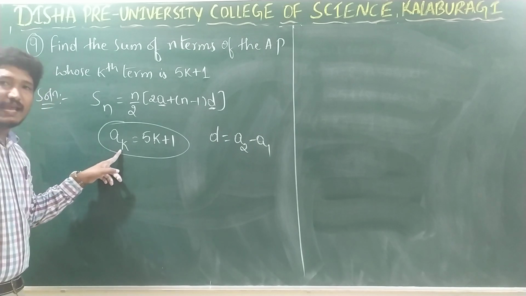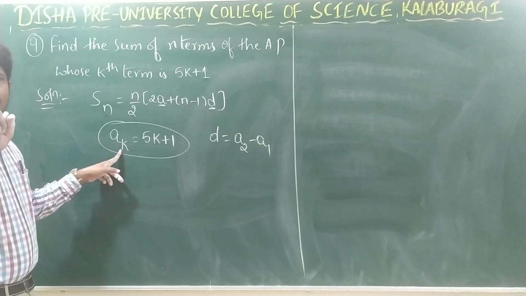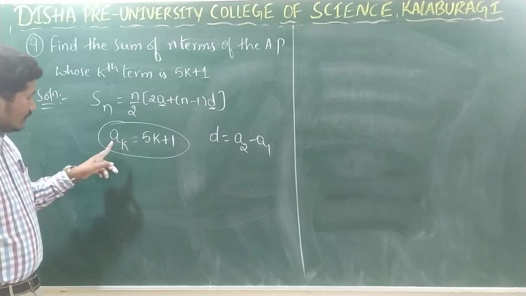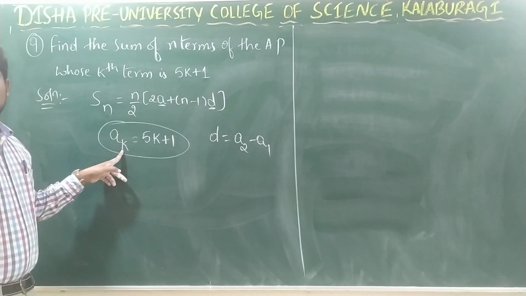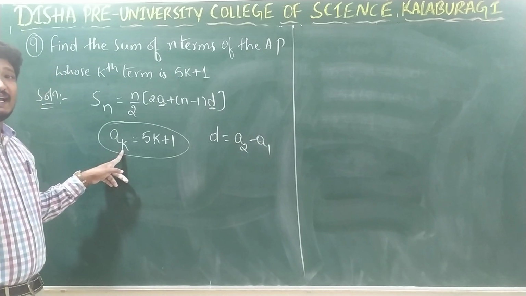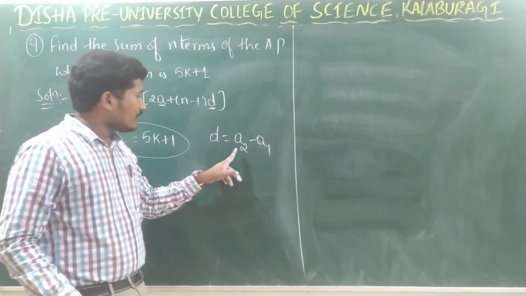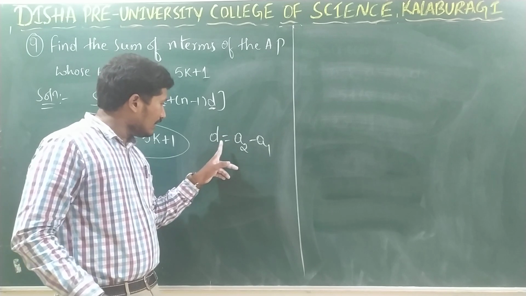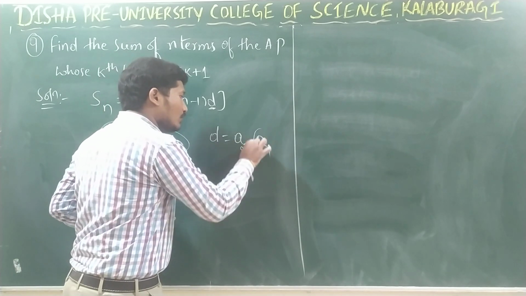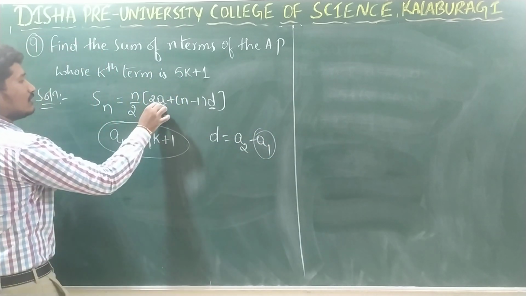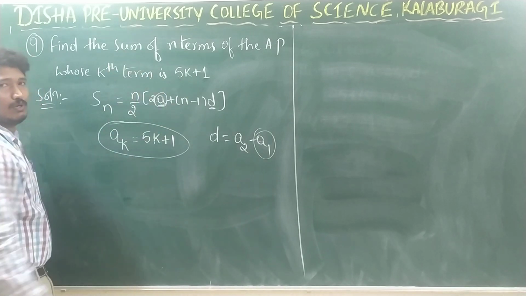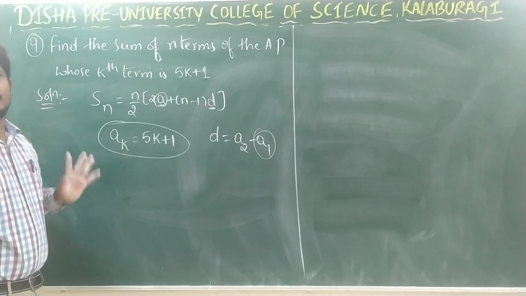If I put k is equal to 1, I will get the first term, a1. If I put k is equal to 2, I will get the second term, a2. So if I go for a2 minus a1, I will get the common difference, and I will also have the first term to substitute in this formula and calculate Sn.